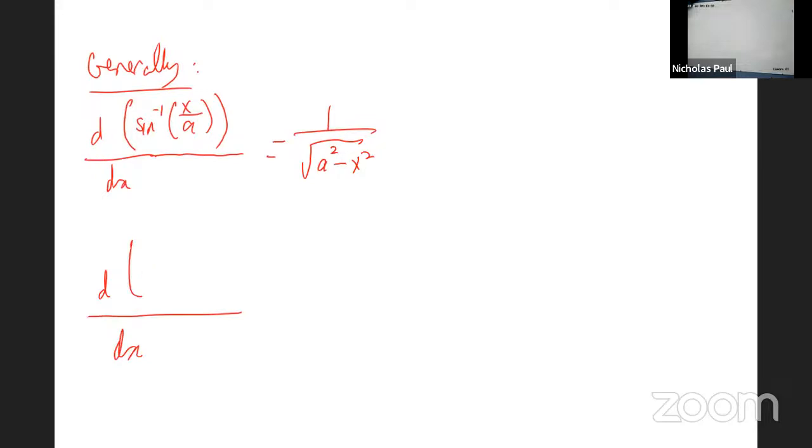So there's a little a squared in there when you simplify it out. And tan inverse x on a, on the other hand, is a over a squared plus x squared. Okay? So those are two versions of the rule I want you to learn as well.